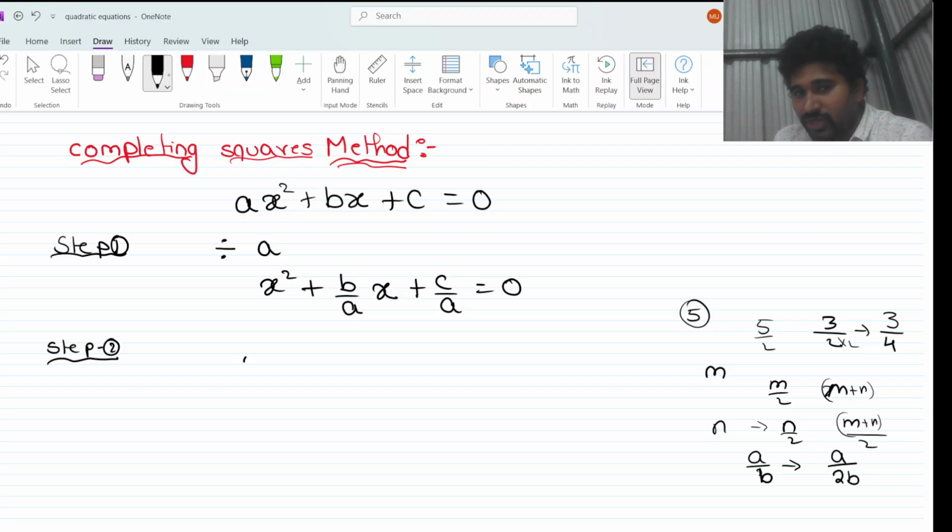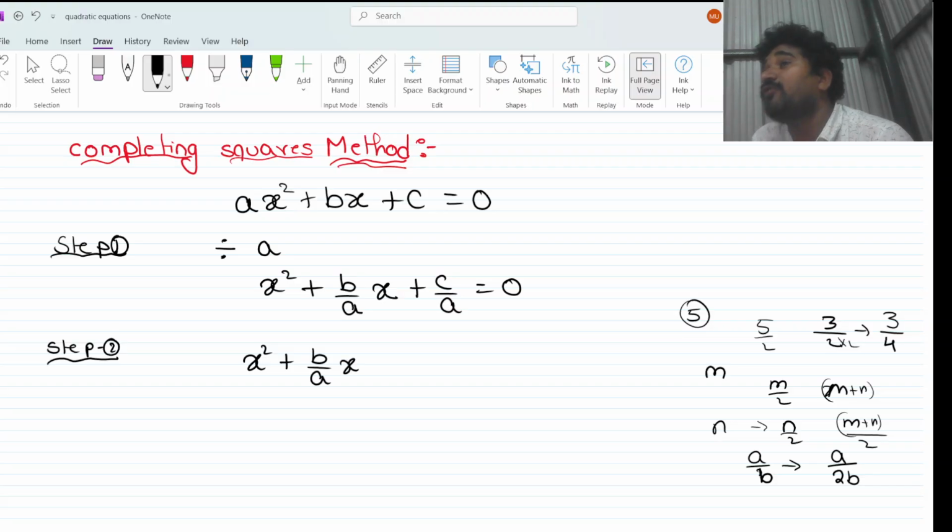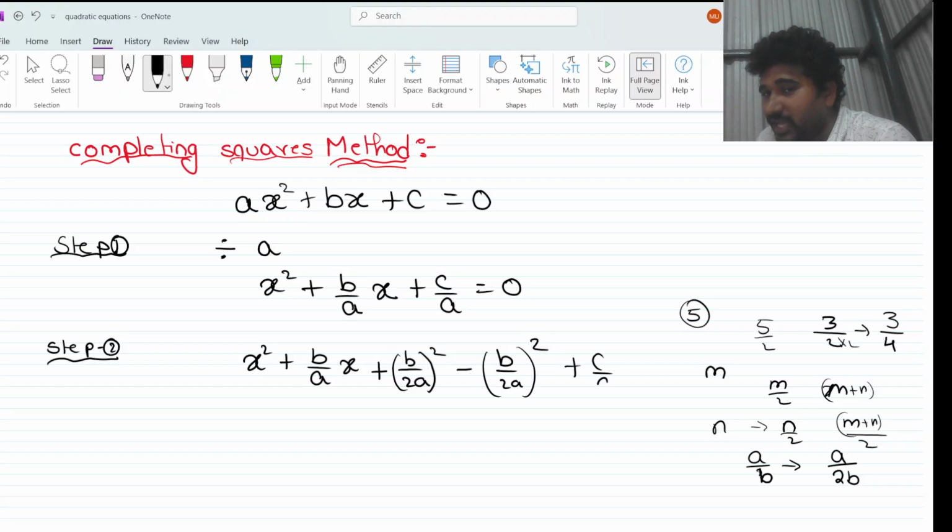So x square plus b by a x, no problem. Half of the coefficient of x, add its square, and subtract it as compensation. In mathematics I didn't change c by a. What did I do in the second step?